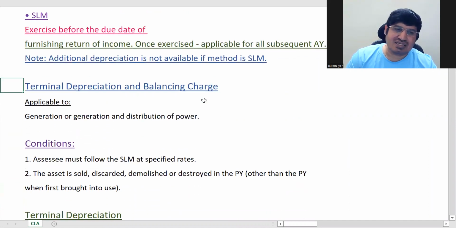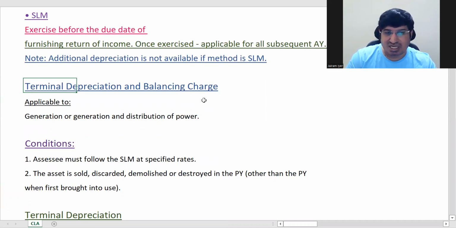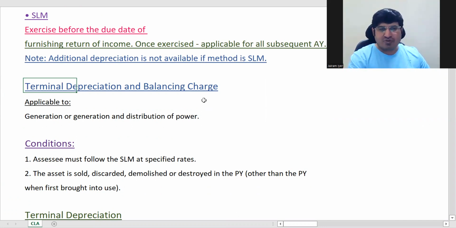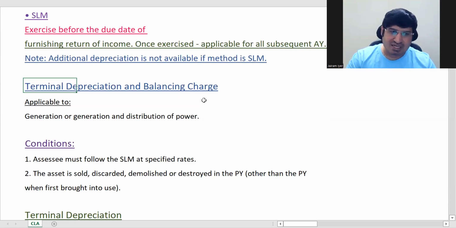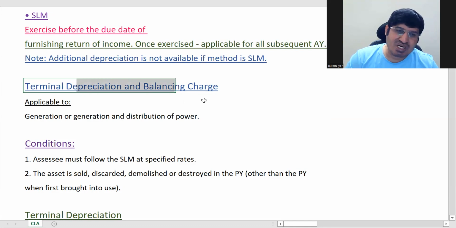Right. The next is terminal depreciation and balancing charge. Now, this is a very important concept because it will be used in many of your future sections. It's called terminal depreciation and balancing charge.